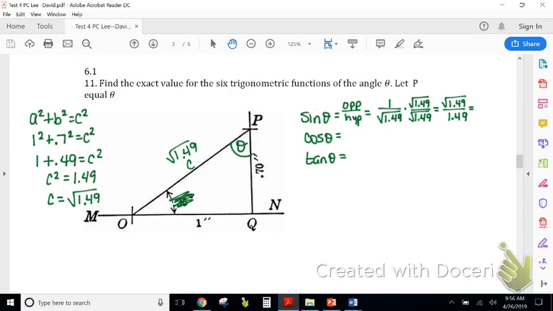Not a big fan of this problem because you also can't leave a decimal inside the fraction, can you? So remember there's a 1 right there. So take this 1 divided by 1.49. And when you do that, you should get 100 over 149, but you still have your square root of 1.49 on top.